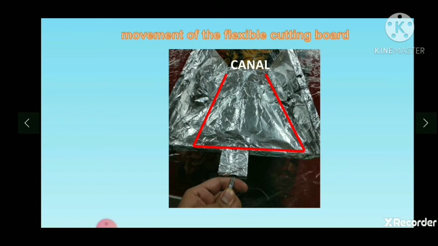This is to prevent the food from falling to the floor.